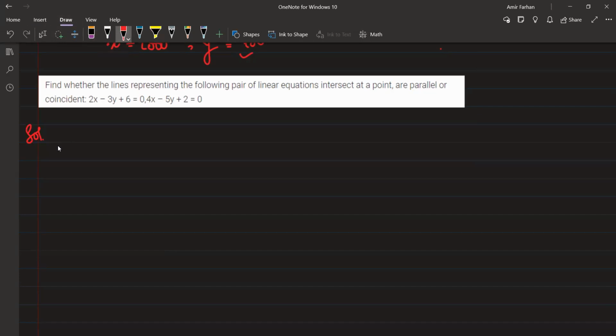A1 by A2 is not equal to B1 by B2, so it's intersecting. The equations were 2x minus 3y plus 6 equals 0. Next is 4x minus 5y plus 2 equals 0.